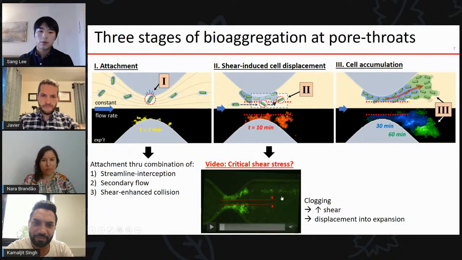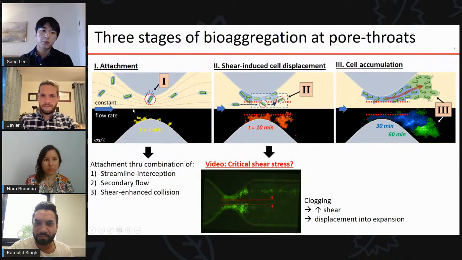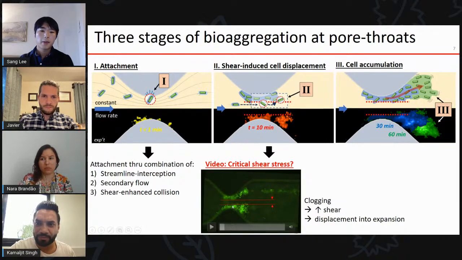So we suspected that as the cells attach, clogs the pore, narrowing down the cross-sectional area. It increases the flow velocity because we imposed a constant flow rate boundary condition, which increases the shear stress.